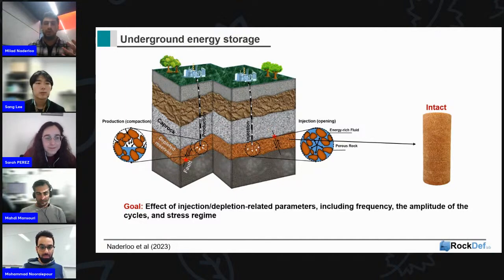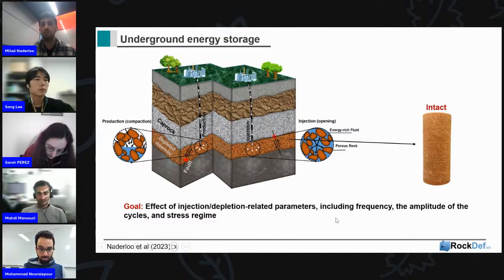So thinking about this as an experimentalist, we think how we can help there. In a simple way, we take a rock sample analog to the reservoir rock, and we want to do experiments on it in a cyclic condition. What are the important parameters that can play a role in how our reservoir rock behaves? One of them is frequency. If you want to inject and deplete your future hydrogen storage reservoir, it can be daily, weekly, or monthly.